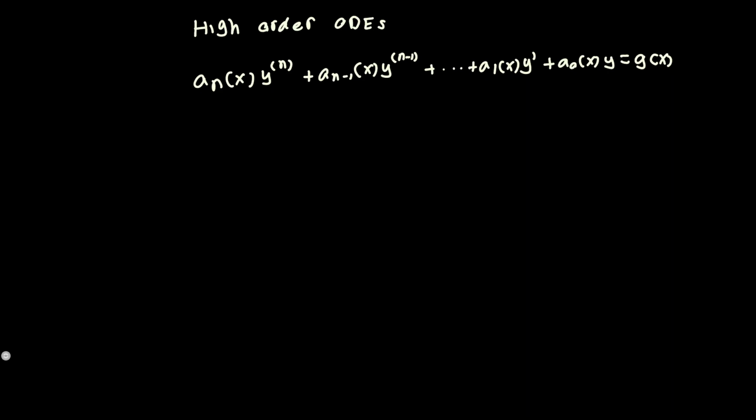So this is the general high order ordinary differential equation. And this exact differential equation is what we call non-homogeneous.